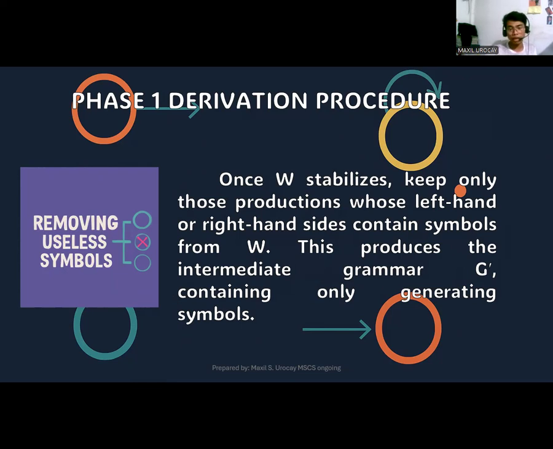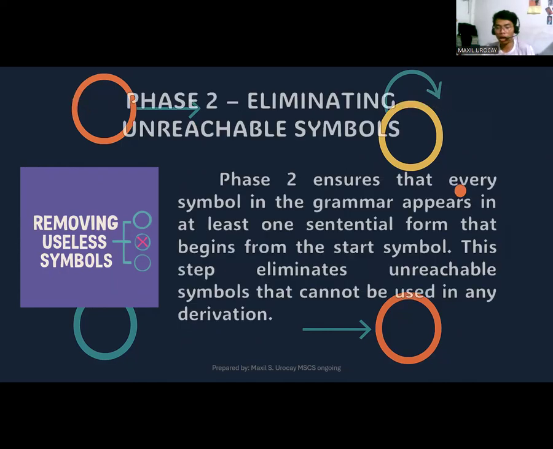From there, since we are already able to identify the terminal symbols, we also have to eliminate the unreachable symbols. What does that mean? It ensures that every symbol in the grammar appears in at least one sentential form that begins from the start symbol.